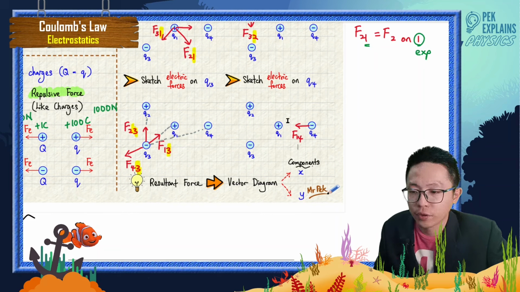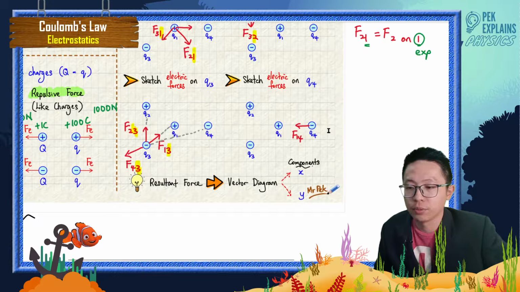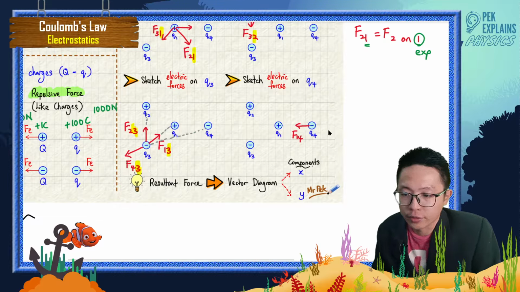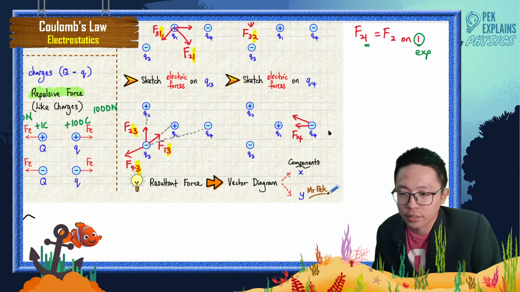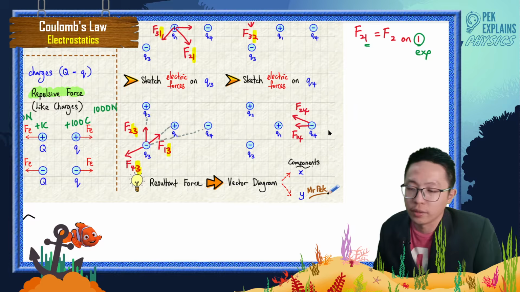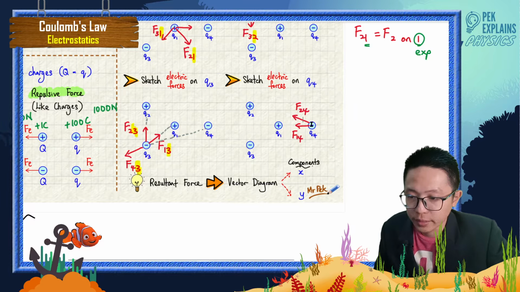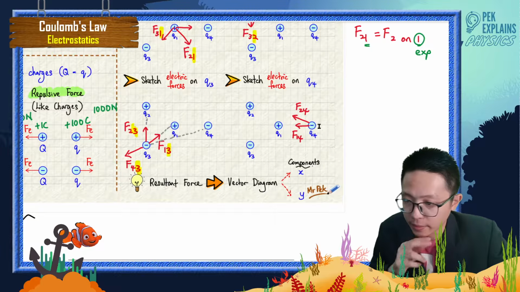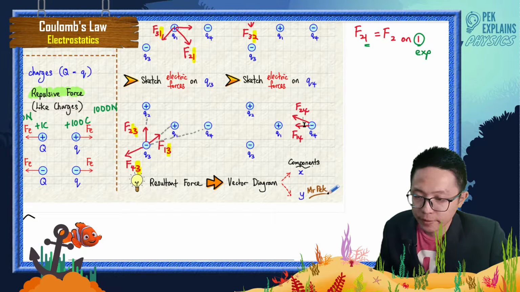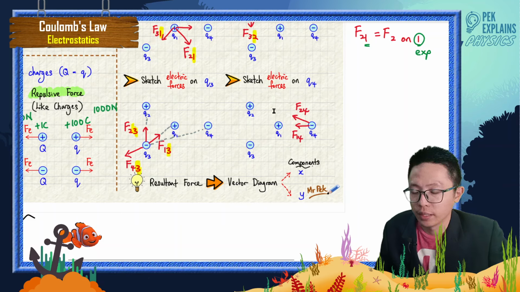Now between 2 and 4, also opposite sign, they attract. So this is F24. Opposite sign, they attract, F24.